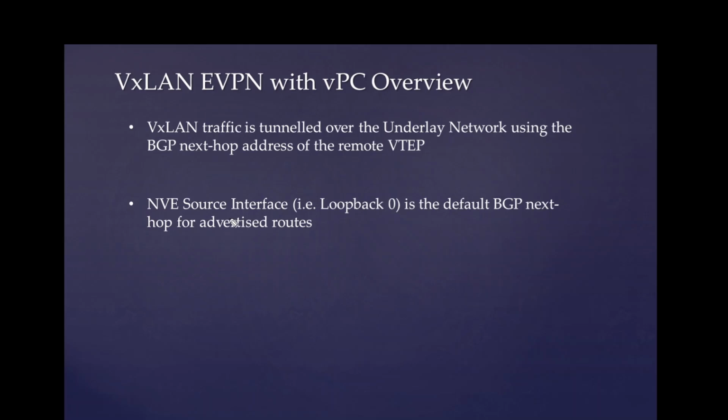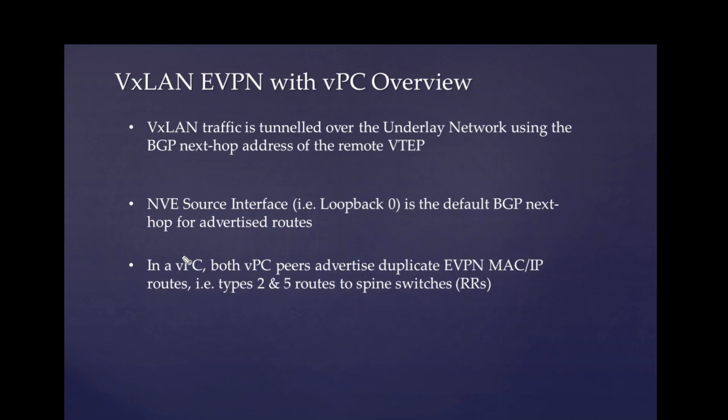So this is exactly what we mean when we say the NVE source interface, i.e. loopback 0, is the default BGP next hop for advertised routes. So the route type 2 and route type 5 that we advertised from leaf 1A and leaf 1B towards the spines will use loopback 0 on these leaf switches as the BGP next hop address.